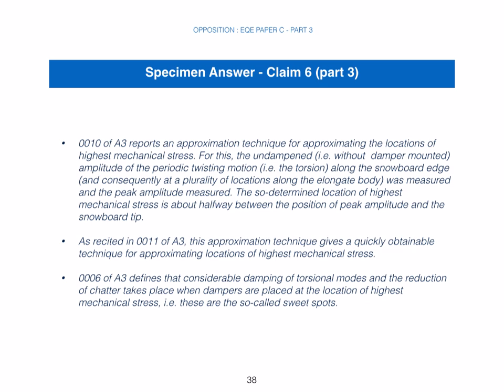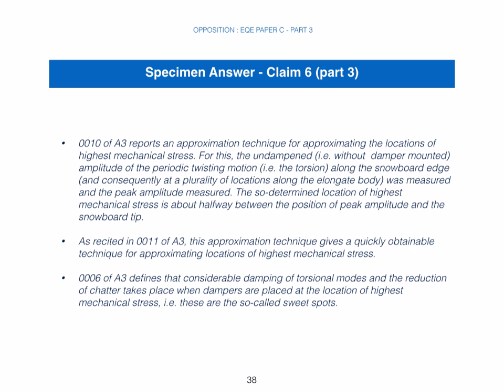Paragraph 10 of A3 reports an approximation technique for approximating the locations of highest mechanical stress. For this, the undamped, i.e. without the damper mounted, amplitude of the periodic twisting motion, i.e. the torsion, along the snowboard edge, and consequently at a plurality of locations along the elongated body, was measured and the peak amplitude measured.